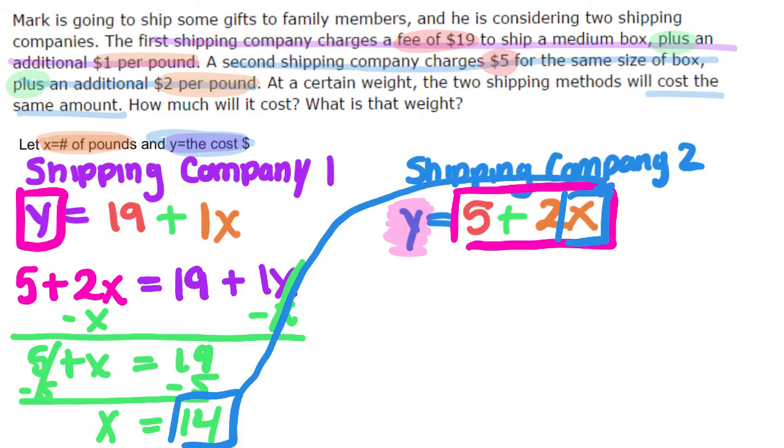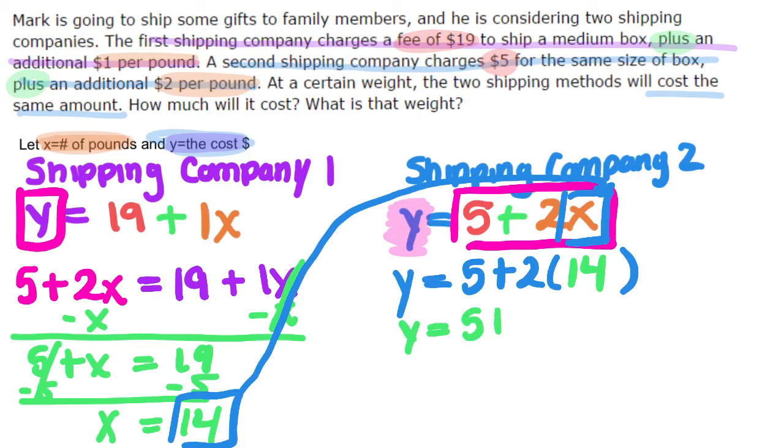So when I do that, it becomes y equals 5 plus 2 times that value of x, which is 14. So this gives you that you have y equals 5 plus 28, so y is equal to 33.